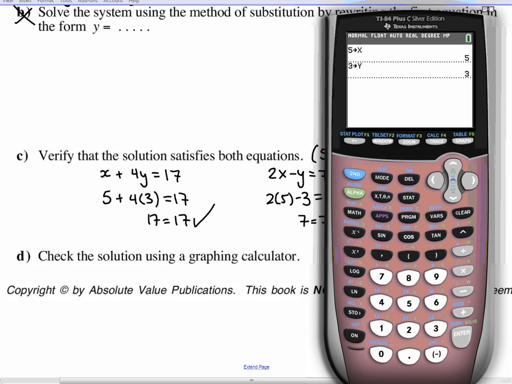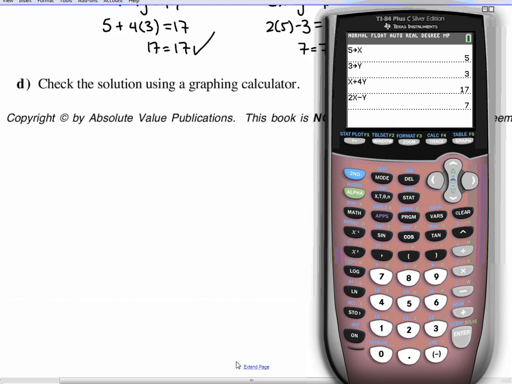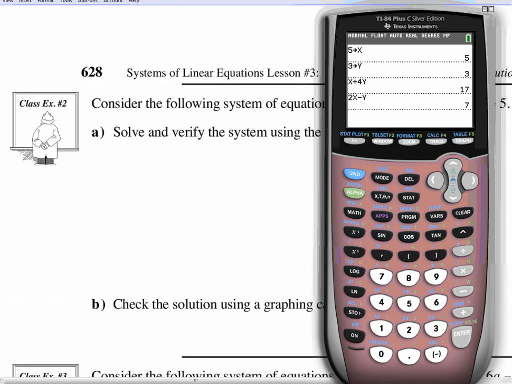So you store your x and y. And then you can just type in x plus 4y, 17. 2x minus alpha 1, y, 7. Okay? So we've done that before. Many times.